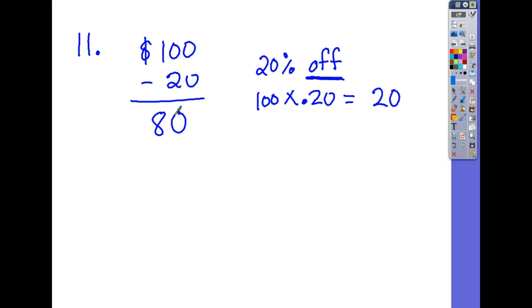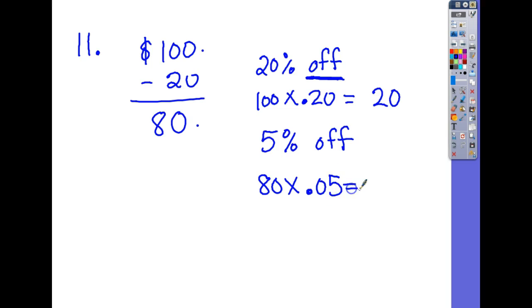But this person has another discount. They have 5% off. Off of what? The 100 or the 80? The 80, it specifically says it comes off of this price. So 80 times 0.05. What's 8 times 5? 40. And because of the decimals, that would just be $4 off.